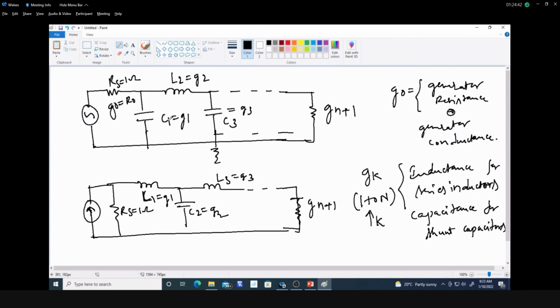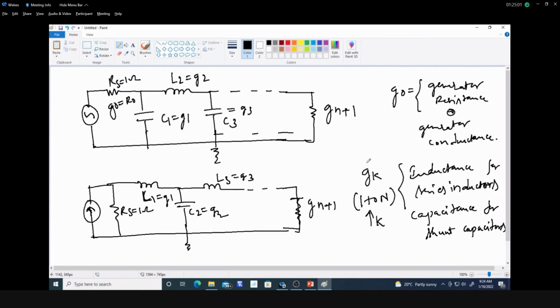So for the gk values, if it is an inductor we take the series inductance, and if it is a capacitance we take the shunt capacitance. You can see the capacitance will always be in the shunt configuration and the inductance will be in the series configuration.